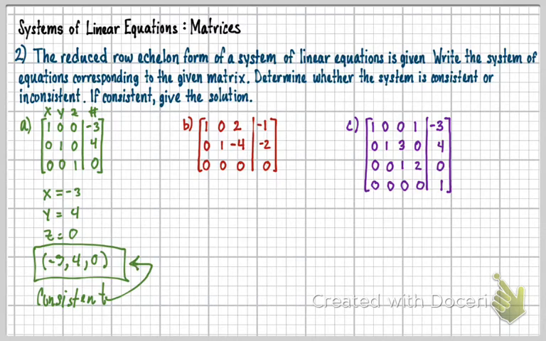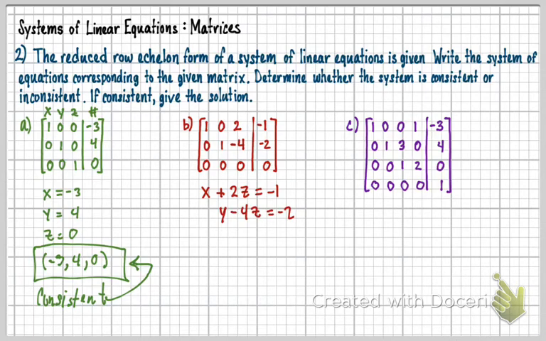So for number B here, what I'm going to get is 1x plus 0y, so I'm not going to write that in, plus 2z equals -1. Now again, I'm just looking at this first row here. For the second row, that's going to be 0x plus 1y minus 4z equals -2.